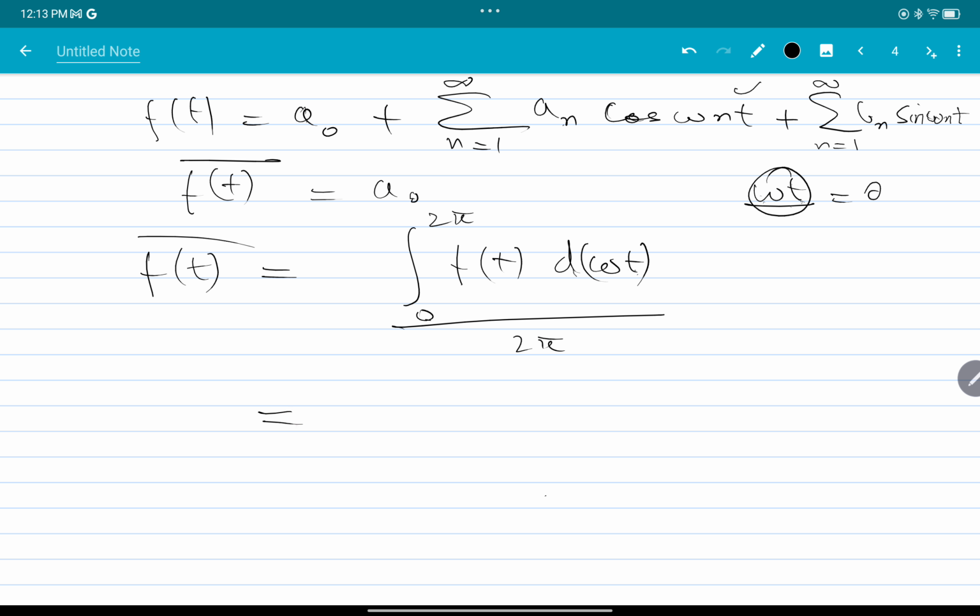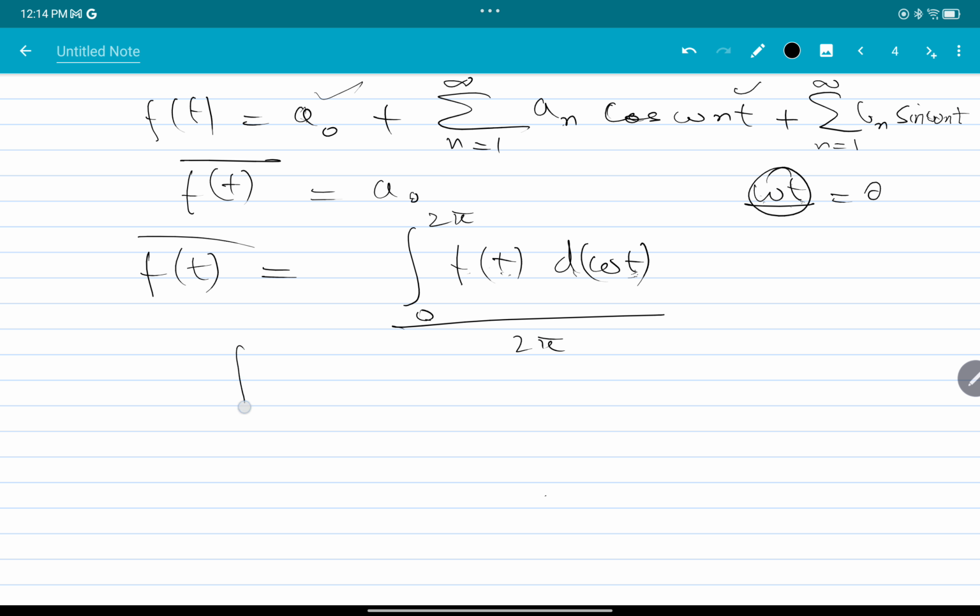Now, when we do this, we first substitute a naught here. Since a naught is constant, see what I will get.